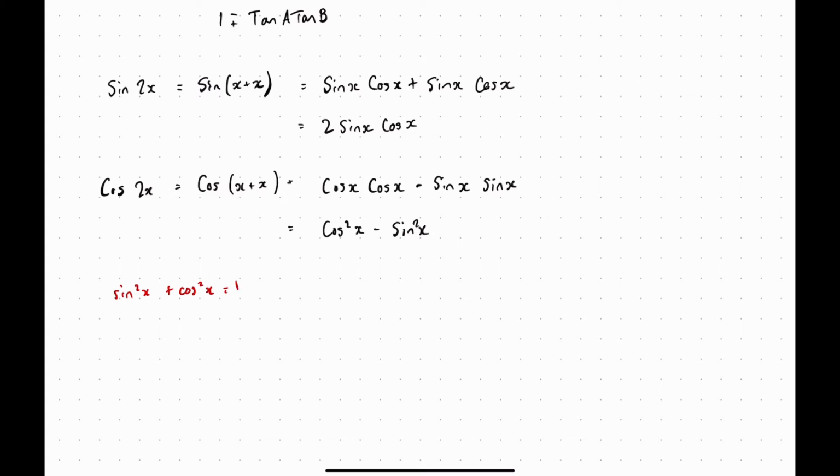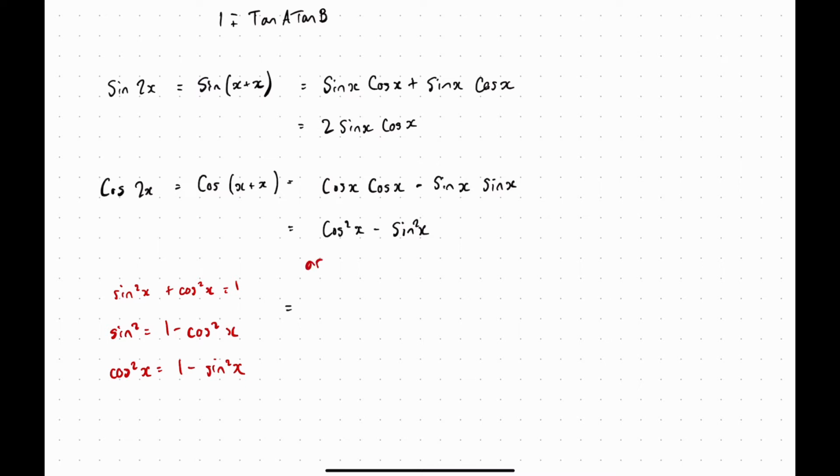Okay, so what they do is they do a rearrangement of this to say if sine squared x is 1 minus cos squared x, and cos squared x is 1 minus sine squared x, I can replace the cos squared x here with this, or I can replace the sine squared x there with this, giving me 2 other identities.